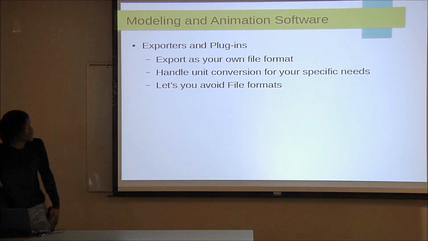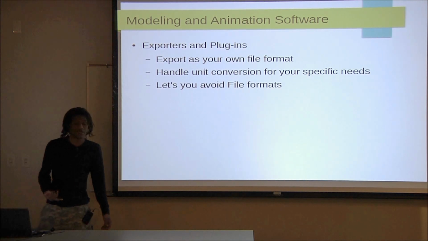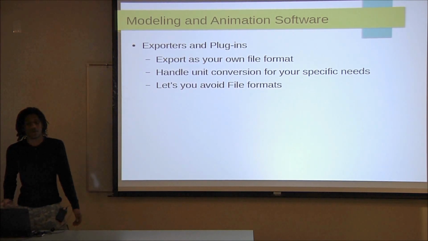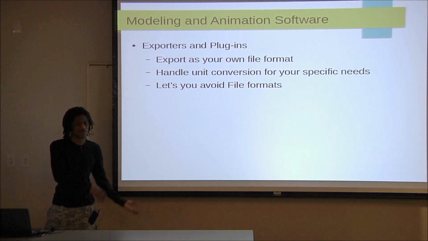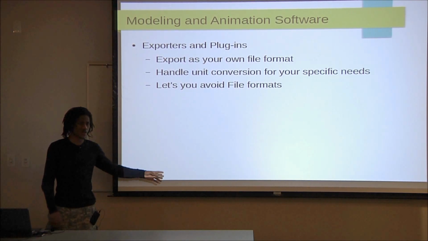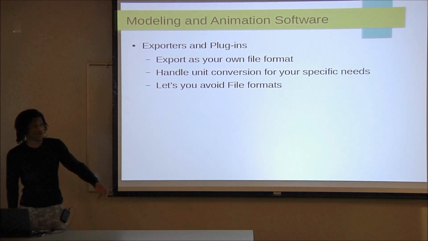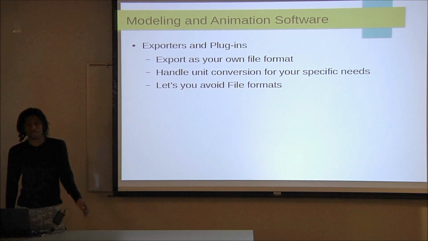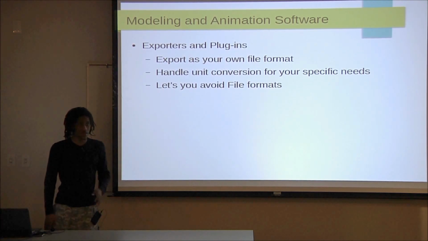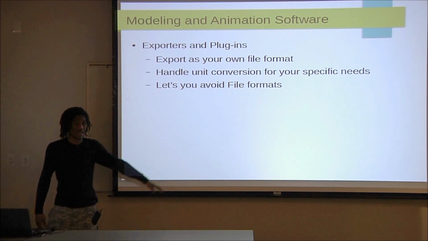All right, exporters and plugins. You can write your own custom plugins for Max and Maya to where you can actually avoid some of those intermediate file types. So you write a plugin, or you can still export in one of those types and maybe make some adjustments. Maybe you don't like the way the data's laid out. Maybe you want to do some computations right there in Max.